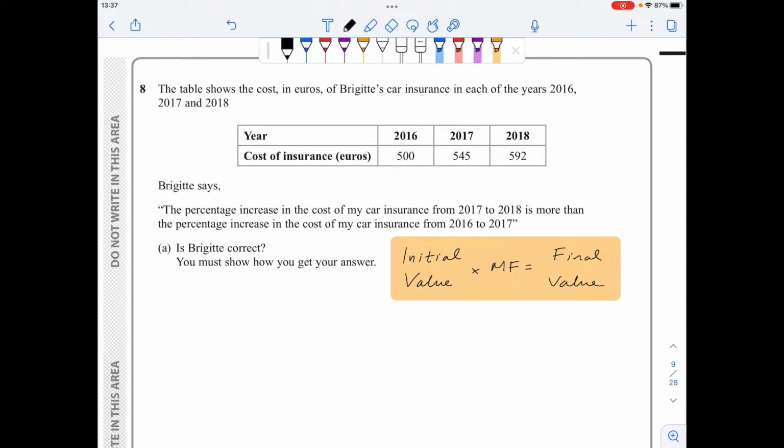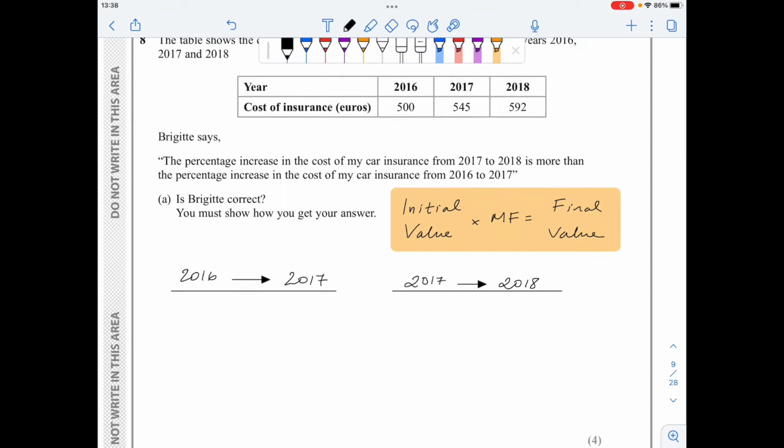Let's apply this for 2 periods, from 2016 to 17 and from 17 to 18. So let's begin. For 2016 to 17, I have 545 over 500. This is equal to 1.09, and this means there's an increase of 9%.